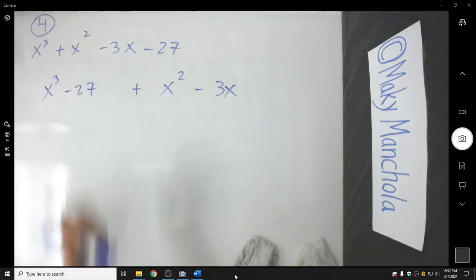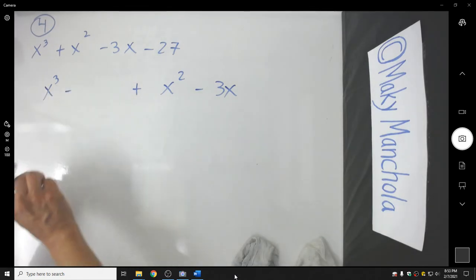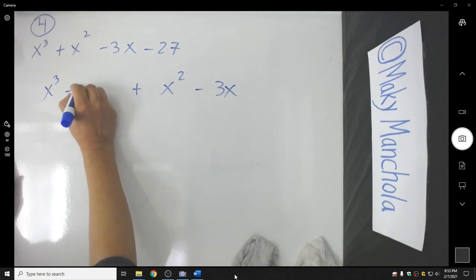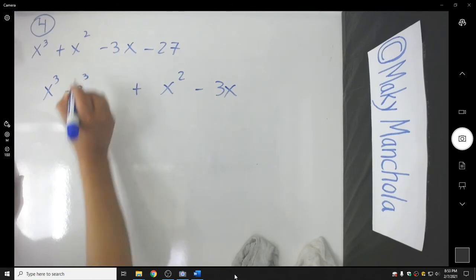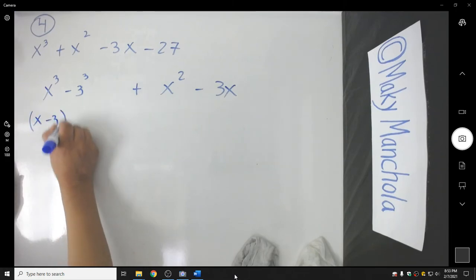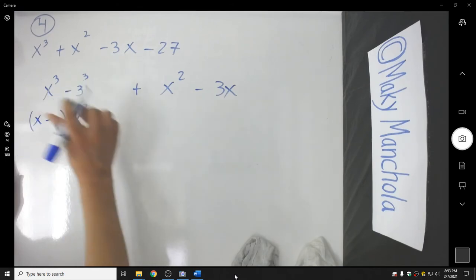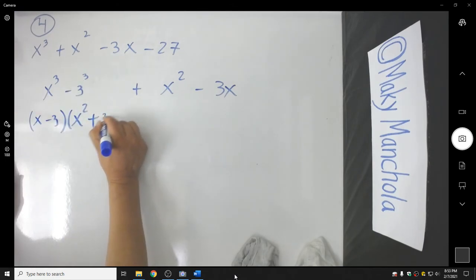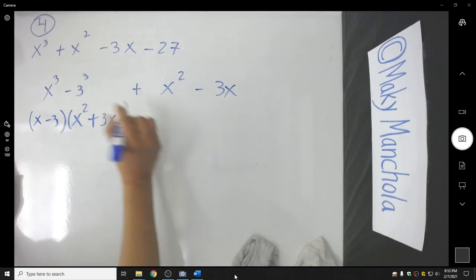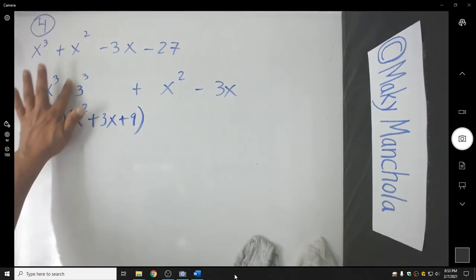So we know how to factor x cubed minus 27 because it is a difference of cubes. So we use our difference of cubes formula. So we get x minus 3, x squared plus the product, which is x times 3 or 3x, plus 3 squared, which is 9. Okay, so we're done factoring our first group.